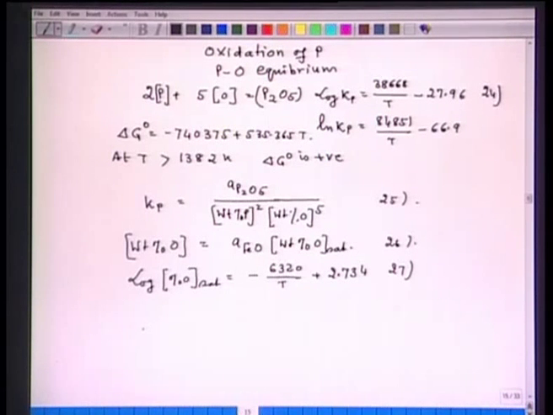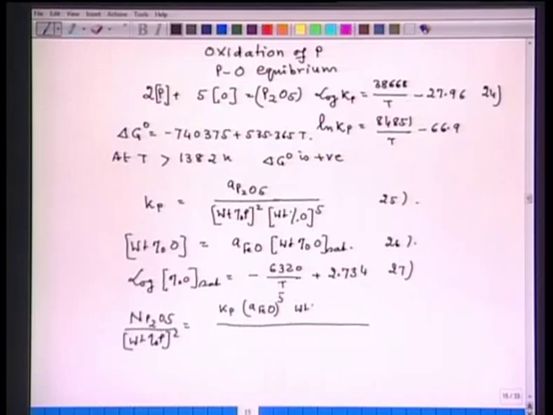Then after rearrangement we get Np2O5 upon wt percent P squared is equal to Kp, activity of FeO to the power 5, wt percent O to the power 5 saturated, upon gamma P2O5.